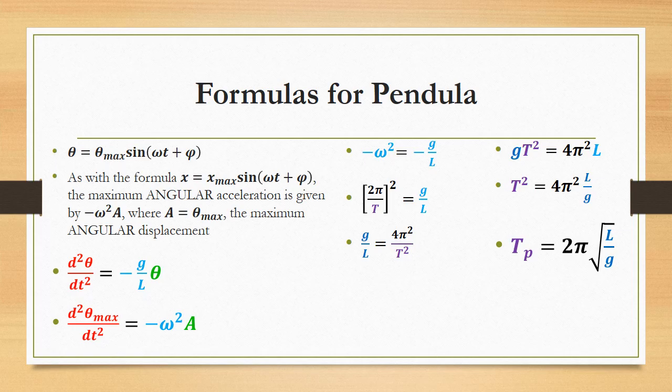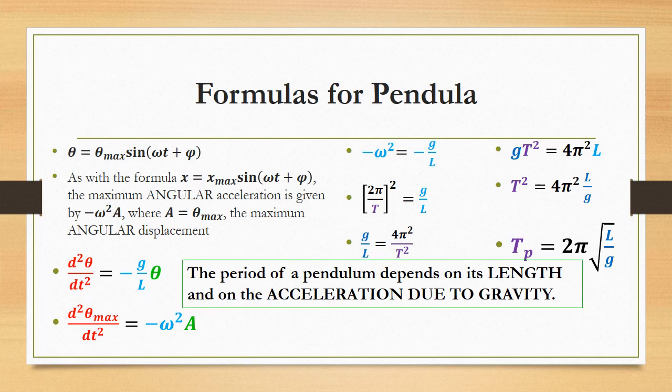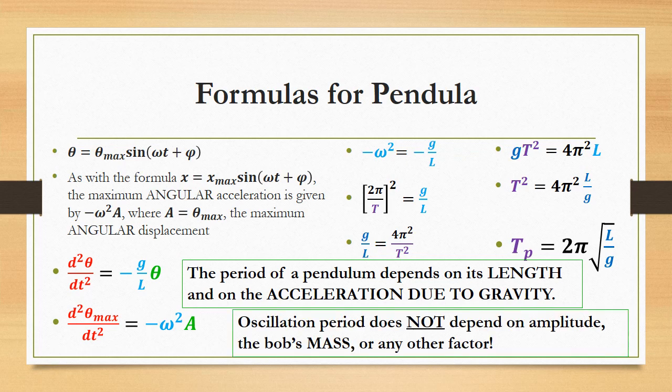What does it mean? It means that the period of a pendulum depends on its length, L, and on the acceleration due to gravity, and nothing else. Oscillation does not depend on its amplitude, doesn't depend on the mass at the bottom or any other factor. So one thing to make very clear: for a pendulum, mass doesn't matter.